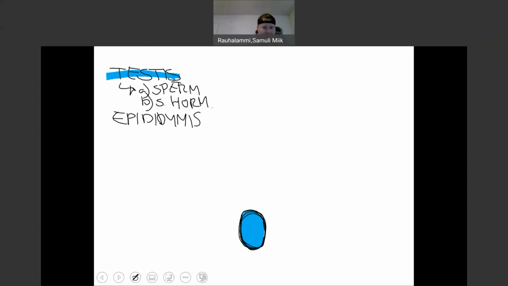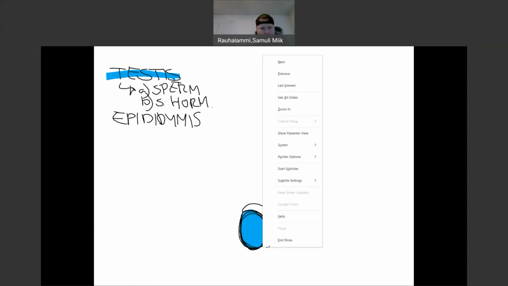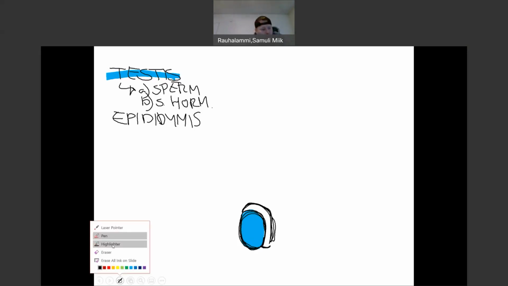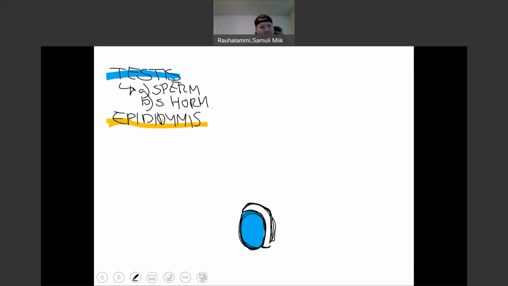Instead, what we will find is that on top of the testis, there's this structure of a coiled up tube resting on the surface of the testis. This is going to be our epididymis. And this is where the sperm goes to be maturing and also to be stored for when it is needed at a later time. So that's the important role of this.